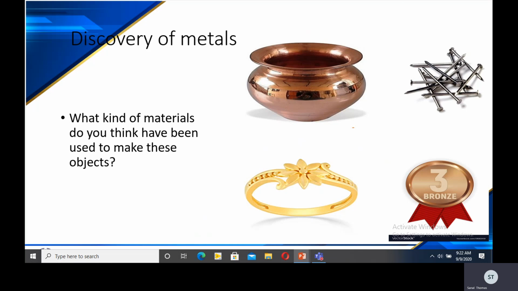What kind of materials do you think have been used to make these objects? Yes, these objects have been made using different types of hard and shiny materials called metals. Now we will learn how these metals were discovered and used by early humans.